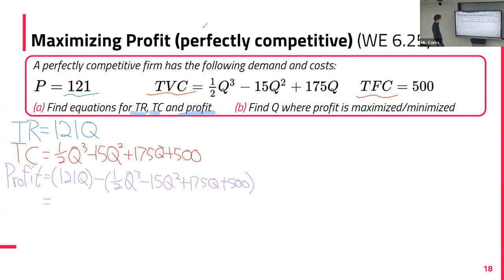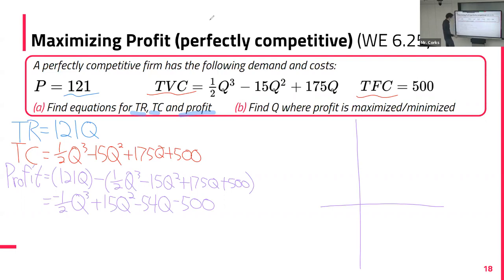Okay, so the negative 1/2 Q cubed, that's first, plus 15Q squared, minus 396Q, minus 500.